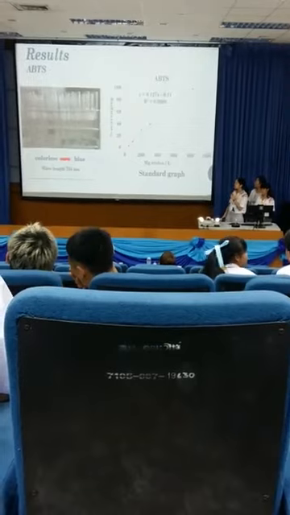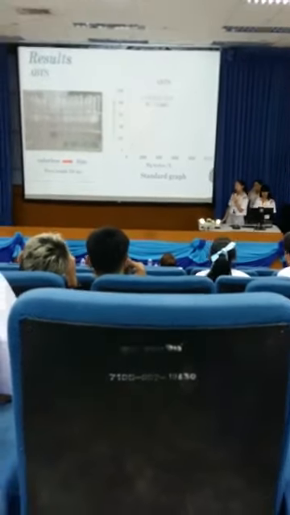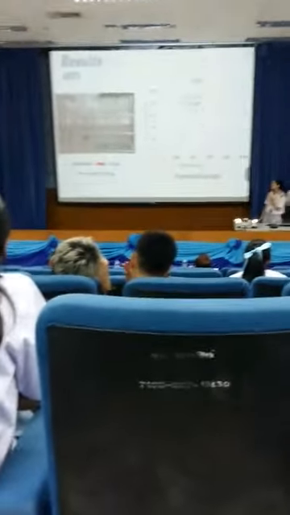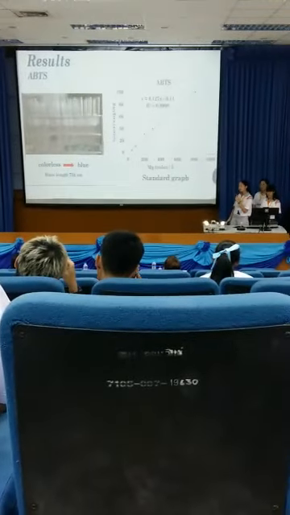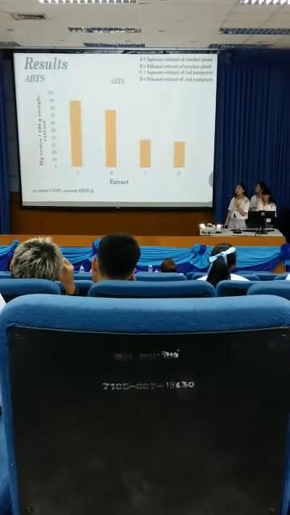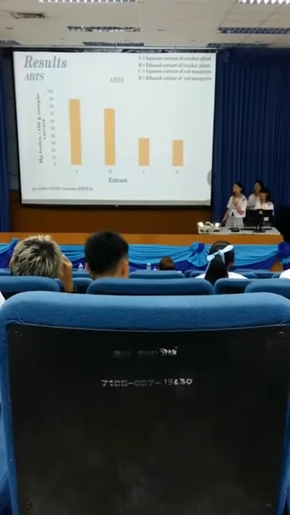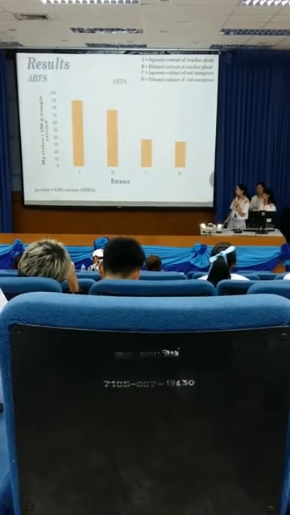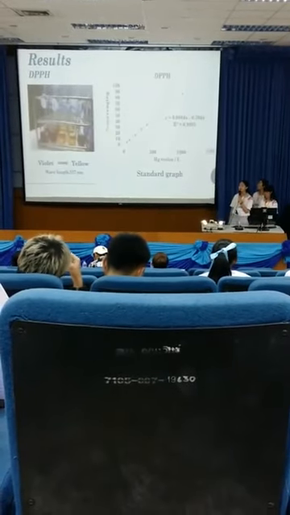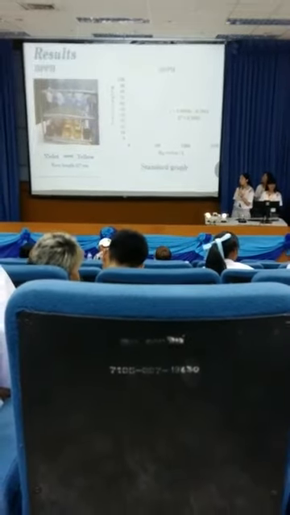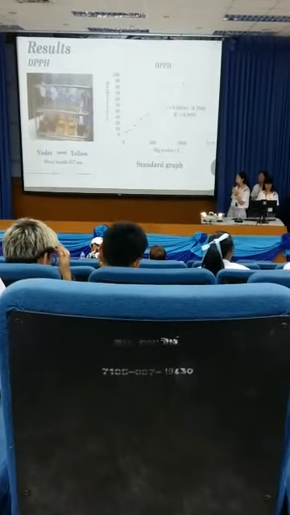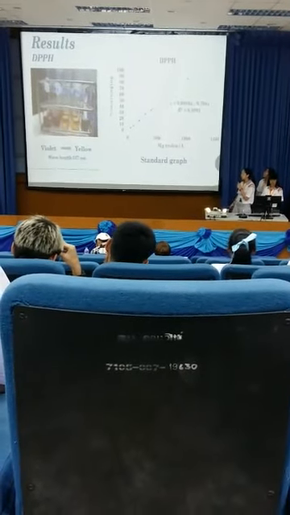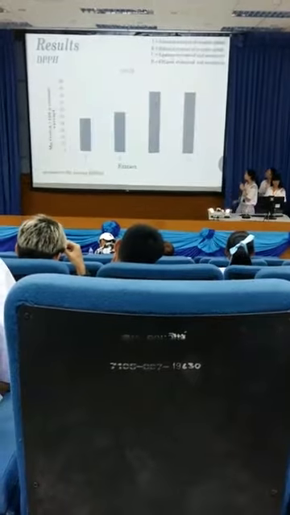And the next method is ABTS. The coloration changes from colorless to blue, and we use the wavelength at 734 nanometer. And we found that the aqueous extract of the cracker pan has the most antioxidant activities. The last one is the DPPH method. The coloration changes from violet to yellow at the wavelength of 520 nanometer.